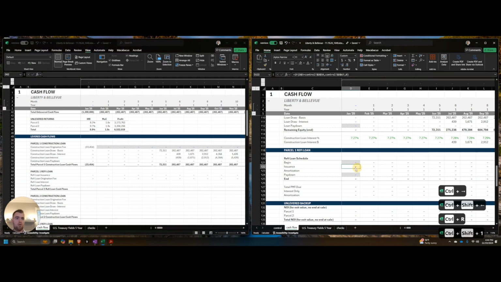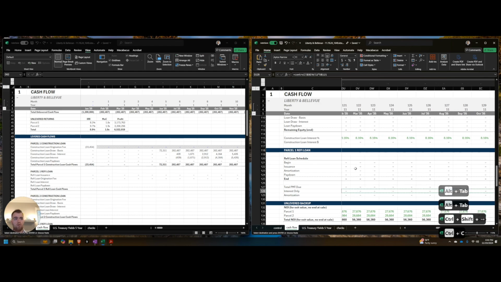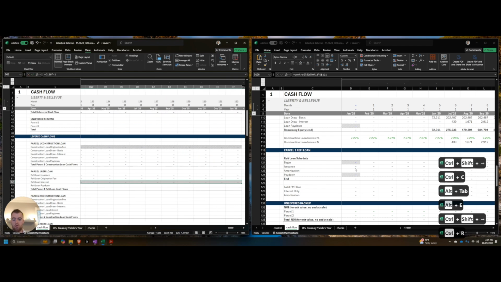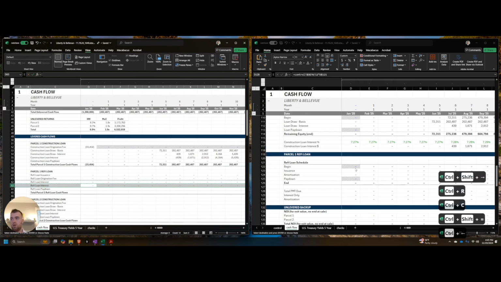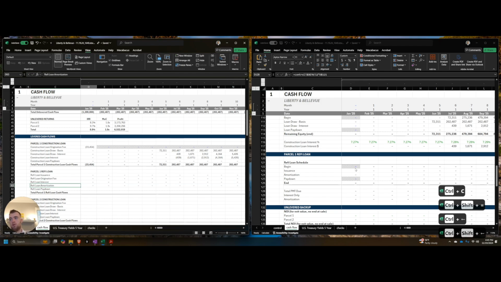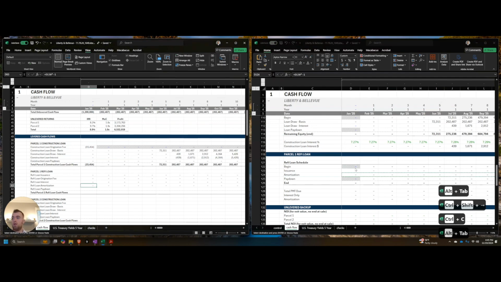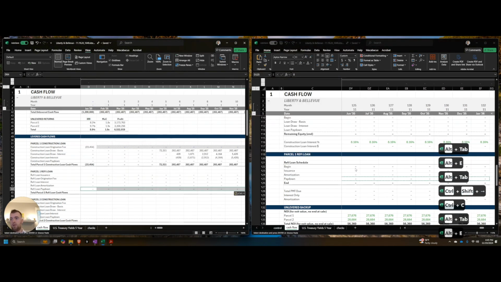Your interest is going to be that, but times -1. And your amortization is going to be that. And your pay down is going to be that.